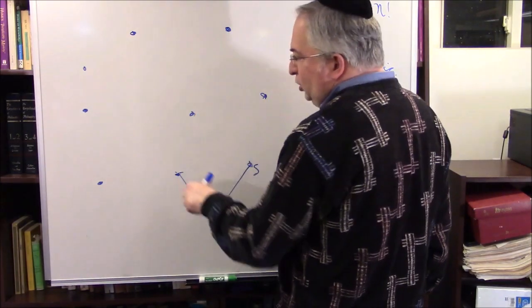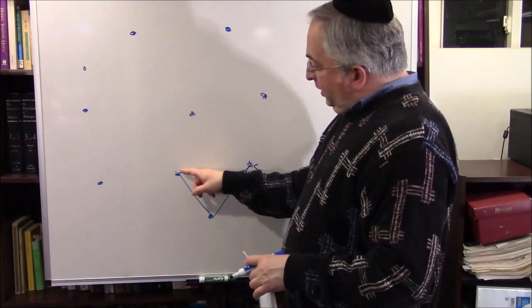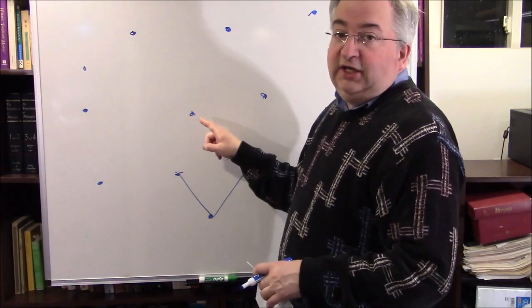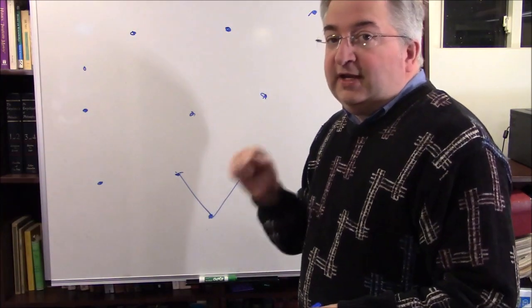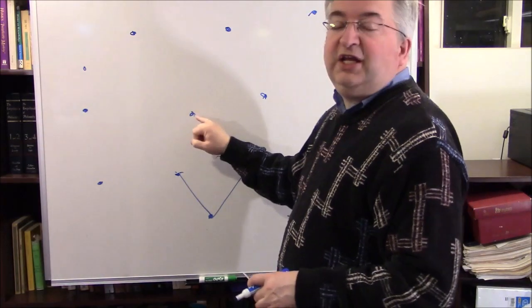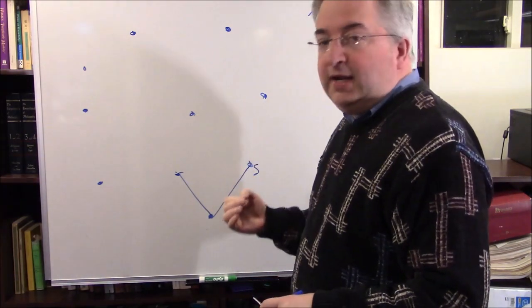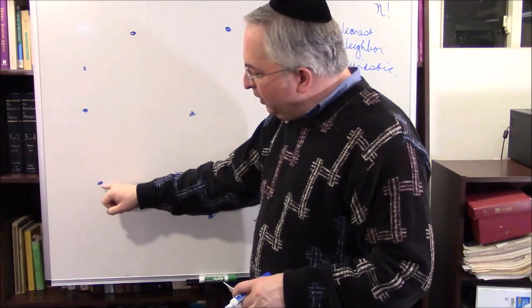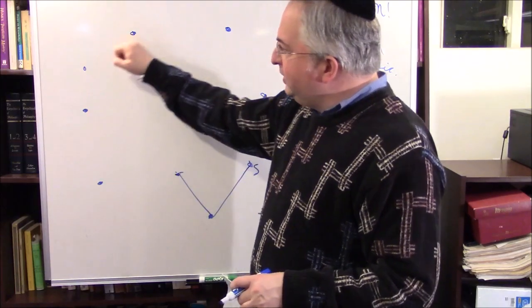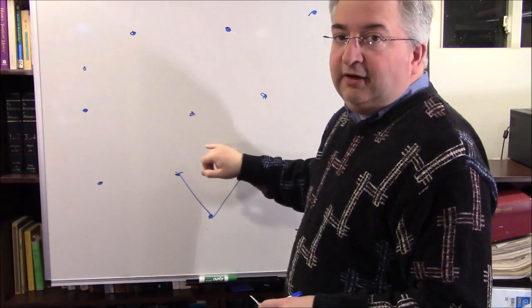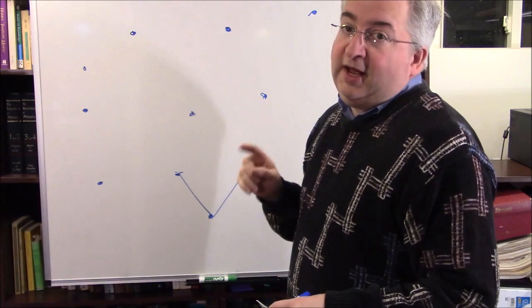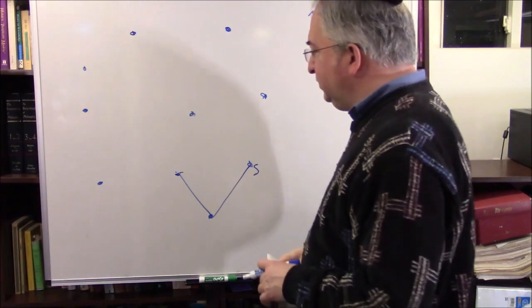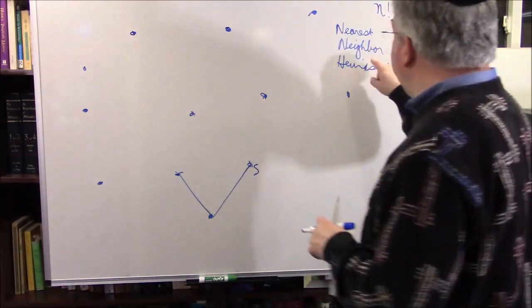Now, I just want to show you, I am grabbing the nearest city. So I'm greedily grabbing this city. It might be an idea to go far away over here and then deal with this and then come back to that later. And that probably is the right thing to do, but I'm following the nearest neighbor heuristic.